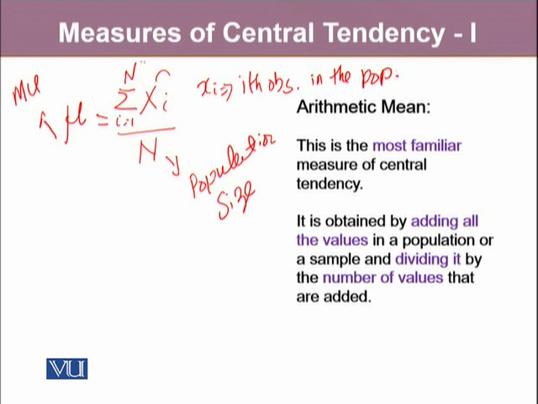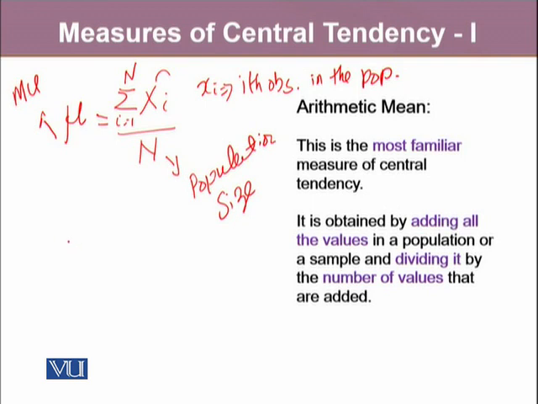If we add up all the observations in the population and divide them by the number of observations which have been added, it will give us the average, the arithmetic mean, which is commonly known as the mean.